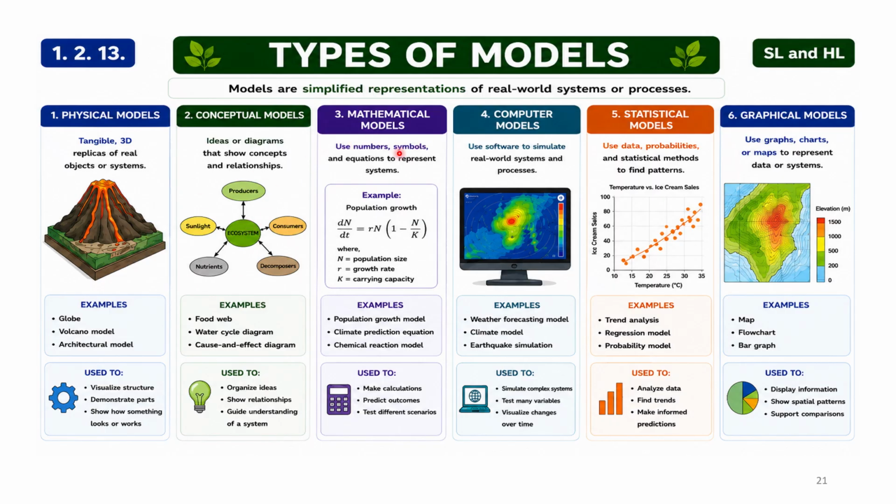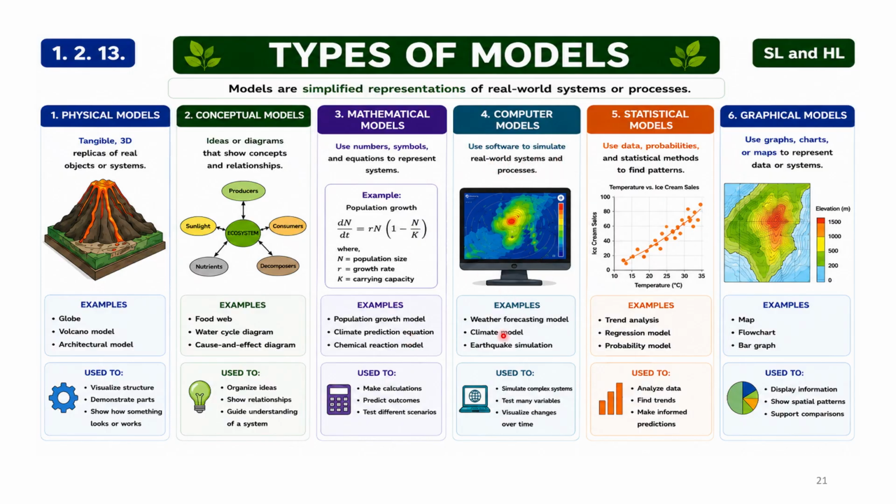Mathematical models represent systems using equations and numbers. An example is the logistic population growth equation, which predicts how a population changes as it approaches its carrying capacity. Computer models simulate complex systems over time.